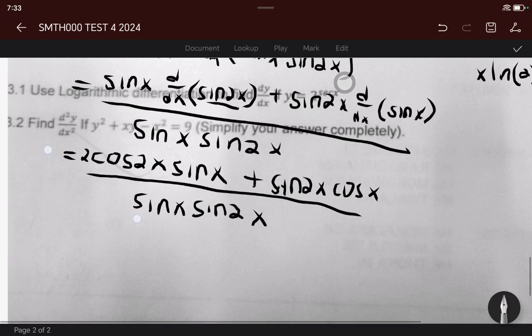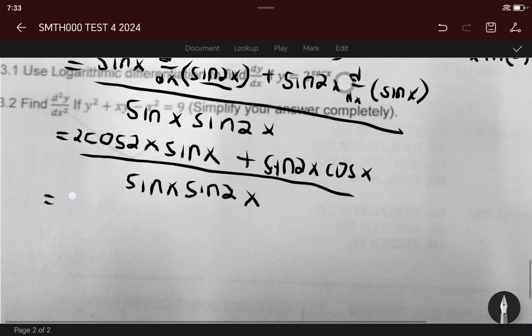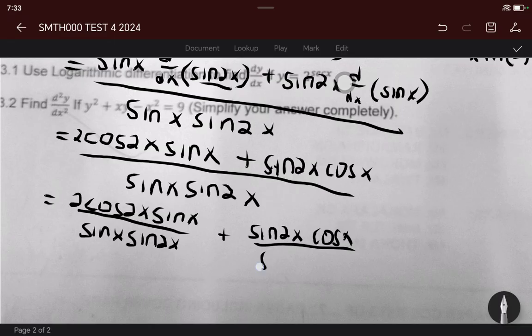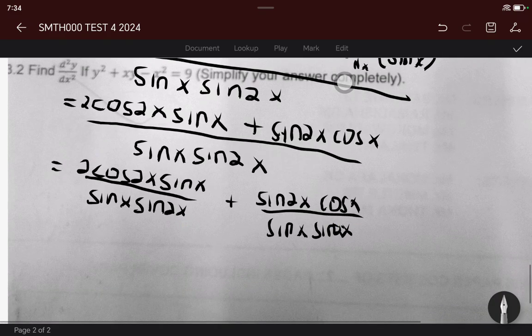If I wanted, I could even simplify further and say that this will be 2 cos 2x sin x all over sin x sin 2x, plus sin 2x cos x all over sin x sin 2x. Then when we check the sin x, these sides are going to cancel.